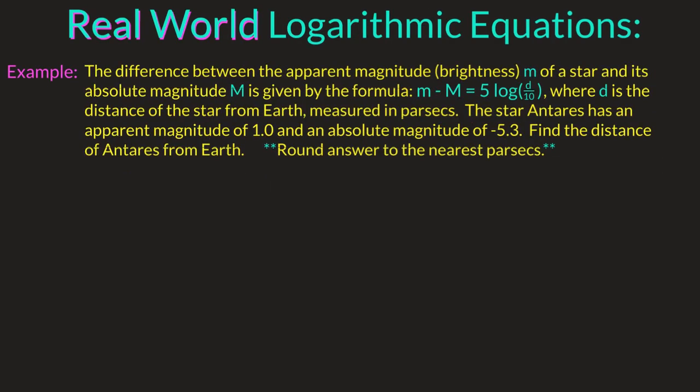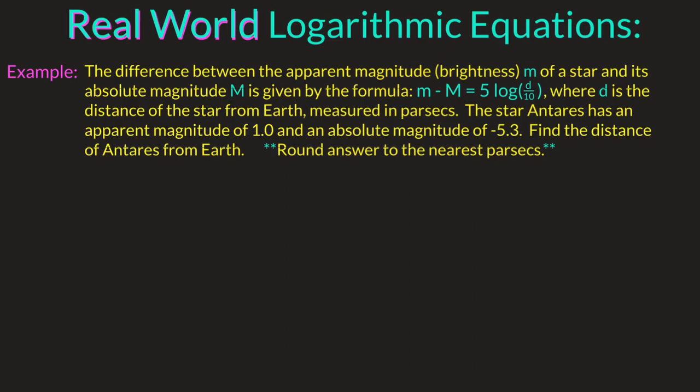Here we are with our last real-world log problem. It says the difference between the apparent magnitude or the brightness, which is lowercase m, of a star and its absolute magnitude, uppercase M or capital M, is given by the formula lowercase m minus capital M equals 5 times the log of d divided by 10, where d is the distance of the star from the Earth, measured in parsecs.